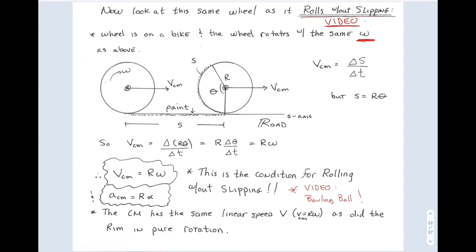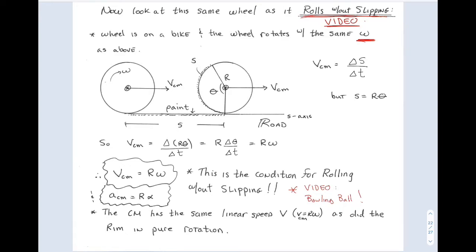I said up here it's going to roll without slipping. If you're in your car and you slam your foot on the gas pedal, your tire is going to spin really fast and your car is not going to go very far, and then eventually the tire is going to slow down due to friction, and then it'll grip the road and start to move. I'll show you a video of a bowling ball that is thrown, and when it hits the ground, it's rotating really fast.